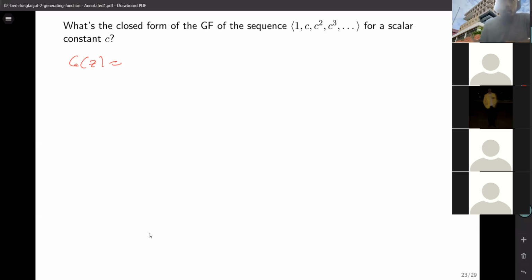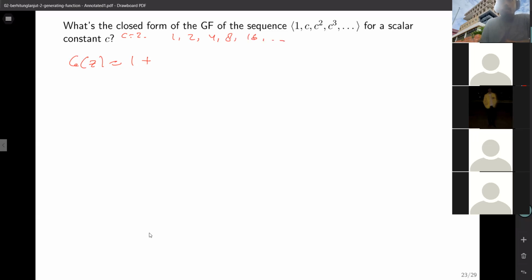What is the sum form? So it's 1 plus, anybody? For example, if c is 2, then you have 1, 2, 4, 8, 16, and so on.